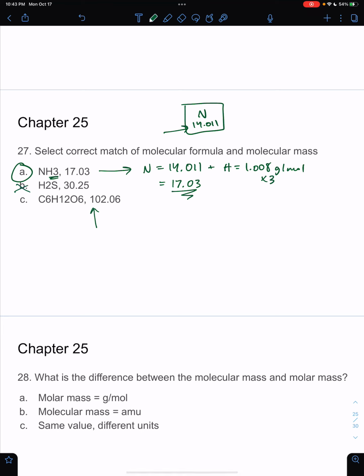So this one's incorrect. This one's also incorrect. It should be like, I think 180 something for glucose. So yeah, for these ones, you just have to add up the atomic masses of each atom and make sure that they're correct.